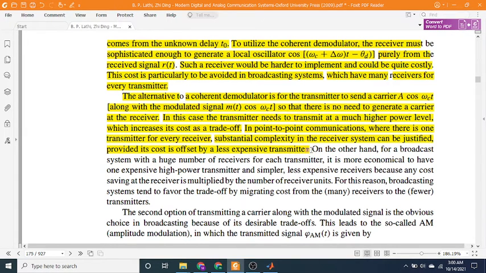On the other hand, for a broadcast system with a huge number of receivers for each transmitter, it is more economical to have one expensive high-power transmitter and simpler, less expensive receivers because any cost saving at the receiver is multiplied by the number of receiver units.